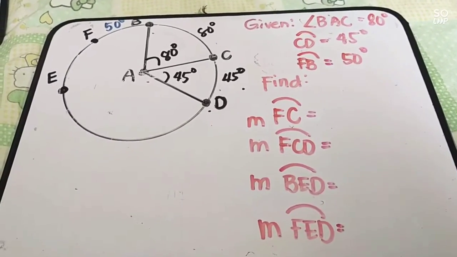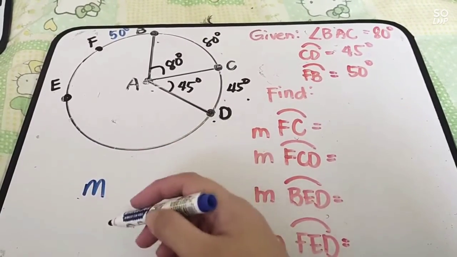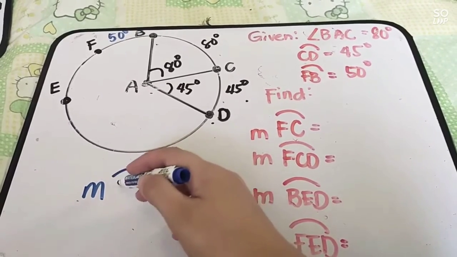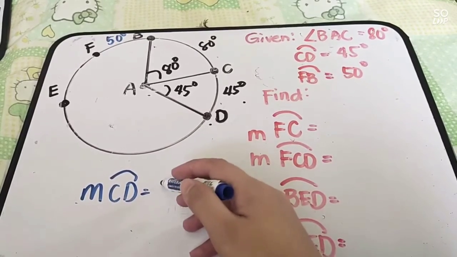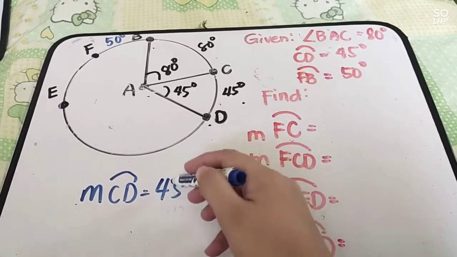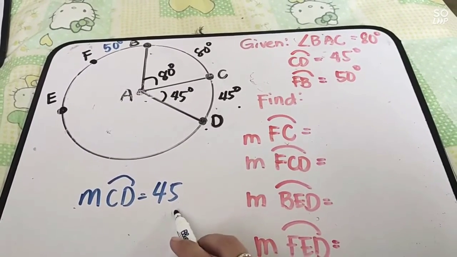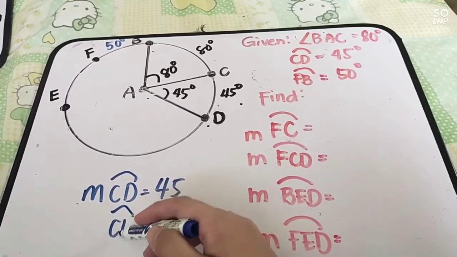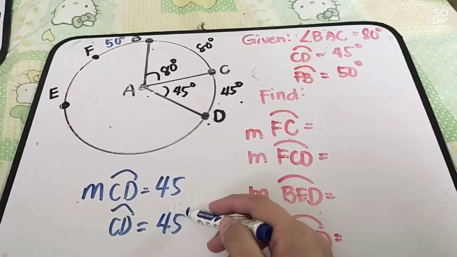Take note, class, if the given has the letter M on the side, or measure of arc CD, your answer should have no degree sign. We have the measure of arc CD equals 45. But if only arc CD is asked and there is no measure notation, we have 45 degrees.